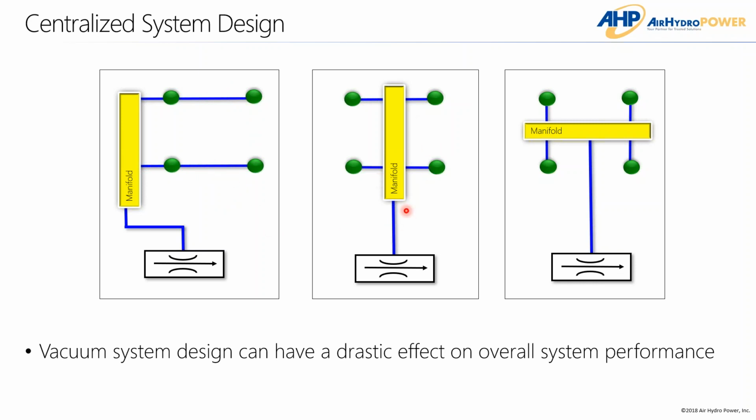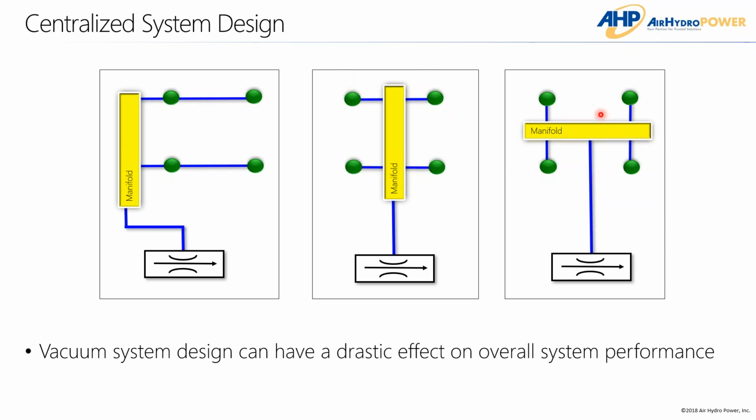And then in the middle, slightly better, but still, as you can imagine, these are closer to that vacuum source than these cups out here. This is just a four cup, but if you can imagine 12, 16 cups in a scenario like this, you can have a very big difference between the first cups in the system and the cups at the very end.